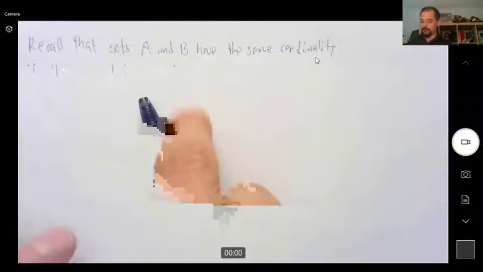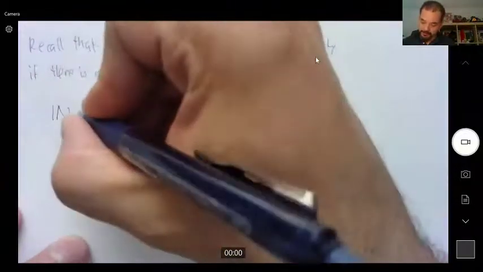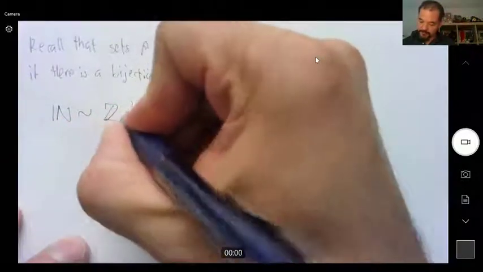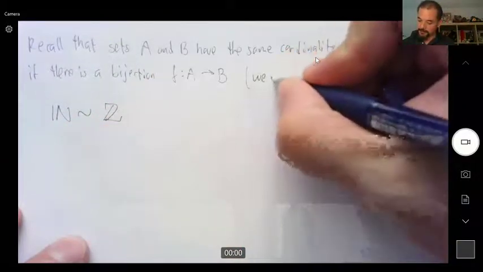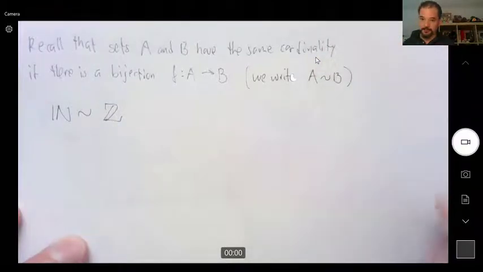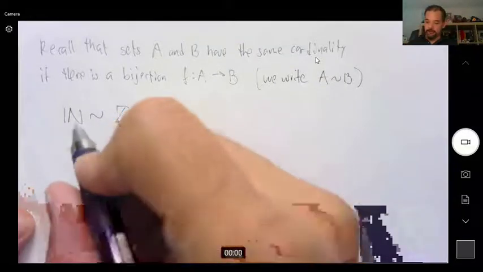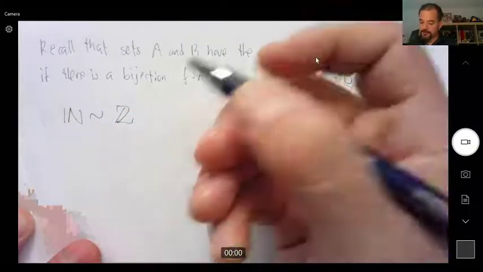So we said, for example, that the set of natural numbers has the same cardinality as the set of integers. Or we write A tilde B, or A is equivalent to B, to indicate that two sets have the same cardinality. So the natural numbers have the same cardinality as the integers.